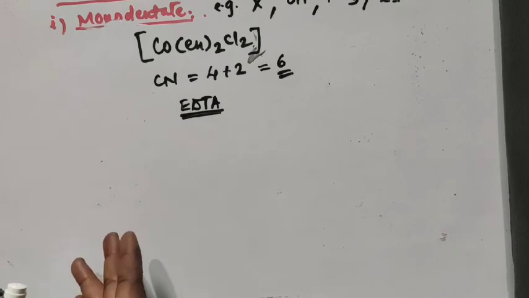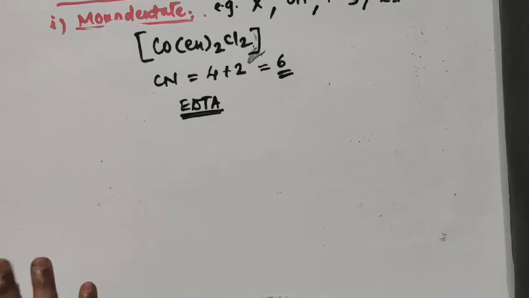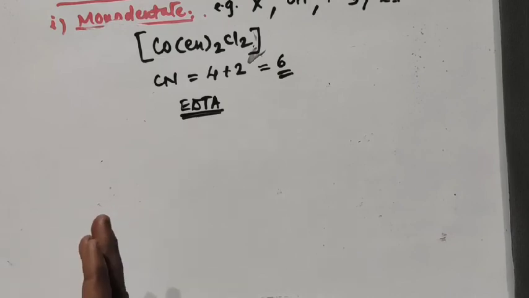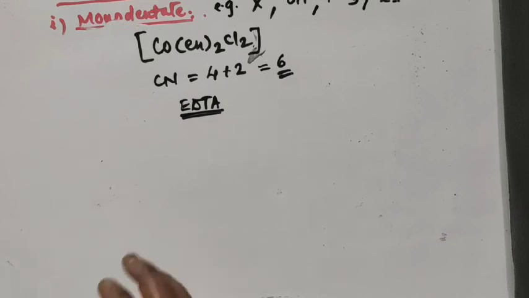Then dimethylglyoxime, in which again 2 nitrogen atoms can donate an electron pair to the central metal atom, so this is also didentate. Wherever these ligands are attached to the central metal atom, one ligand is equal to 2 for coordination number, because it gives 2 lone pairs of electrons for bond formation.